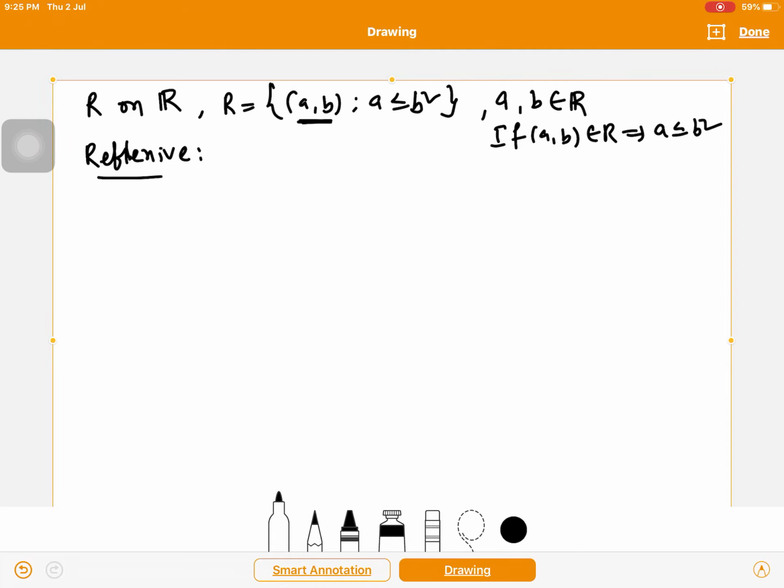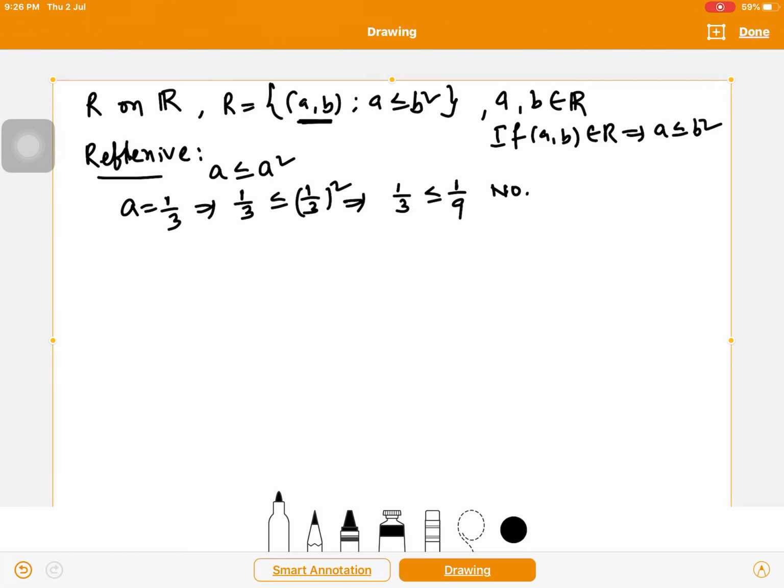For example, what is your comment about a less than or equal to a square? Is each and every element less than or equal to its square or not? In general, you can say it is correct. For example, taking 1, 2, 3, 4, otherwise 0, minus 1, minus 2, minus 3, it is correct. But there is one logic. I'm taking a equal to 1 by 3. Then 1 by 3 less than or equal to 1 by 3 whole square? Observe once again. Is 1 by 3 less than or equal to 1 by 9?